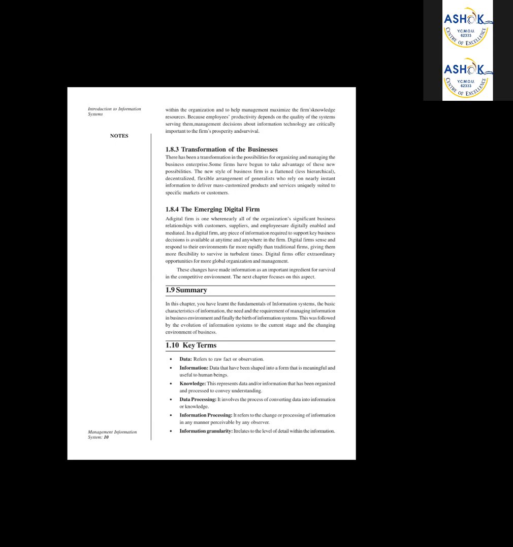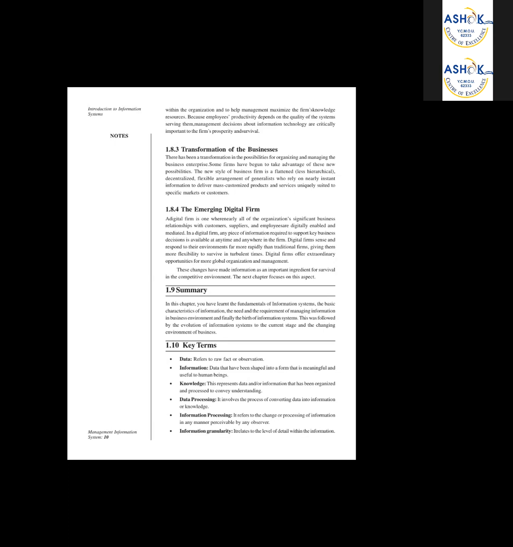In this chapter summary, you have learned the fundamentals of information systems, the basic characteristics of information, the need and requirements of managing information in the business environment, and finally the birth of information systems.